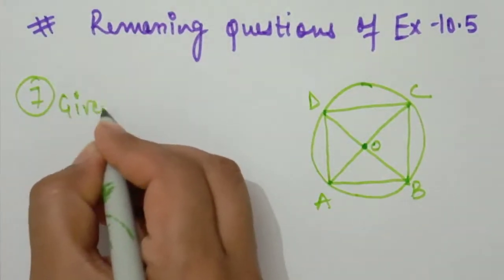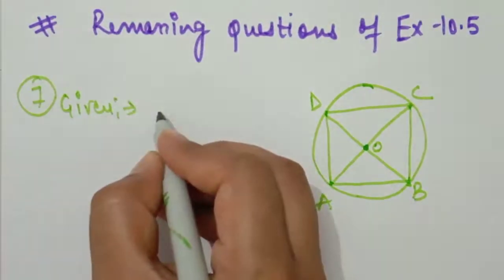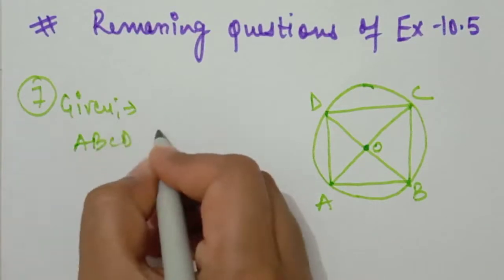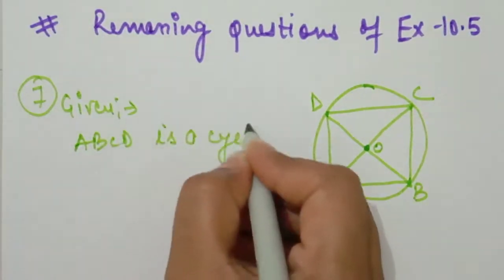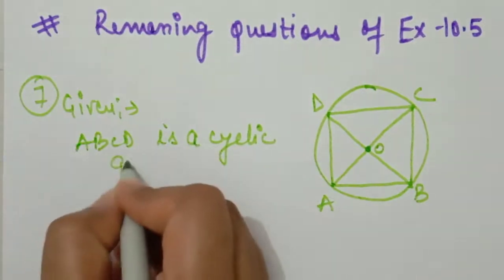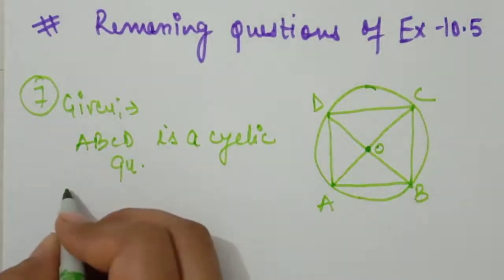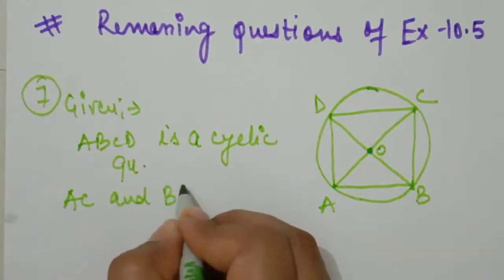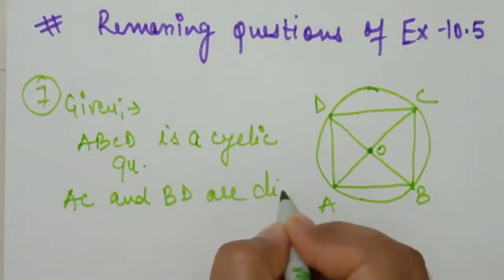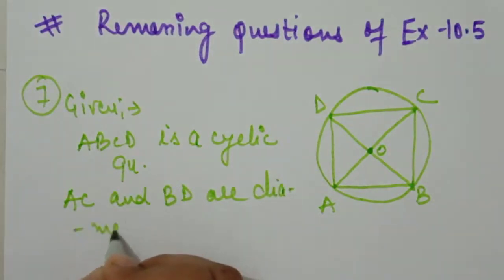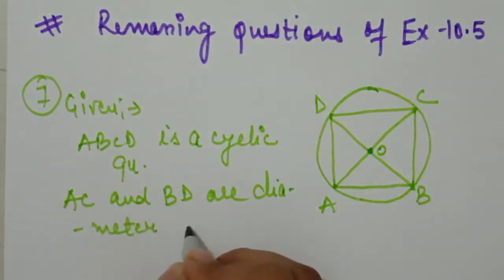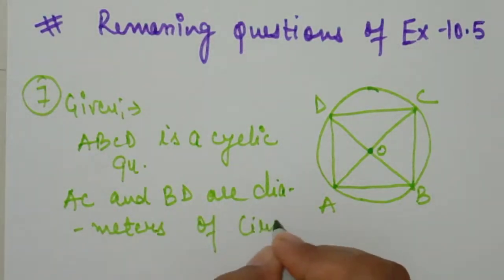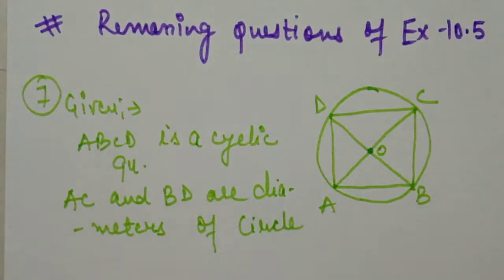What is given? The diagonals of a cyclic quadrilateral, it means ABCD is a cyclic quadrilateral and AC and BD are diameters of the circle according to the question.